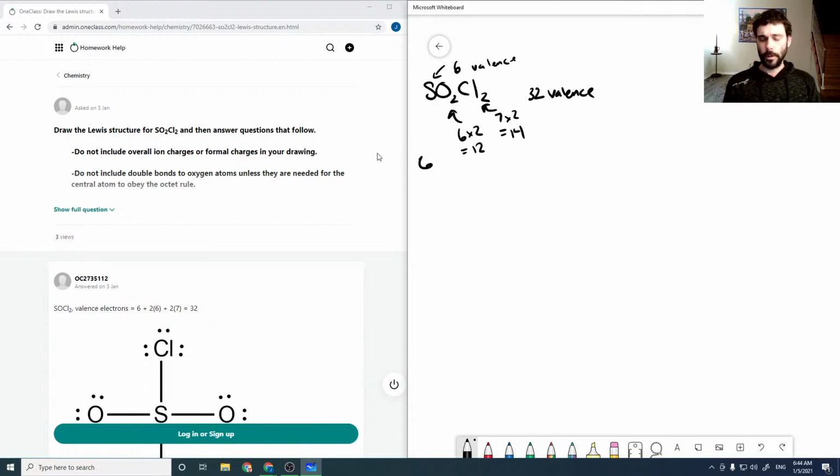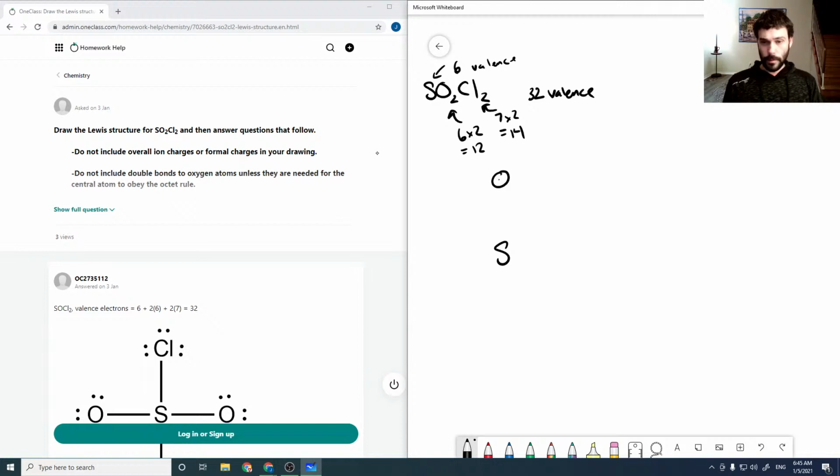So let's try to put them all in around each other. So if we have sulfur in the middle, which in retrospect I should move a little lower. So sulfur in the middle. Do not include overall ion charges, and do not include double bonds unless they are needed for the central atom to obey the octet rule. Okay.